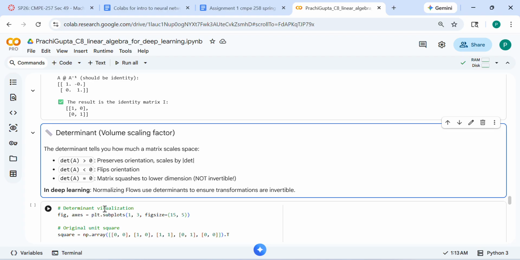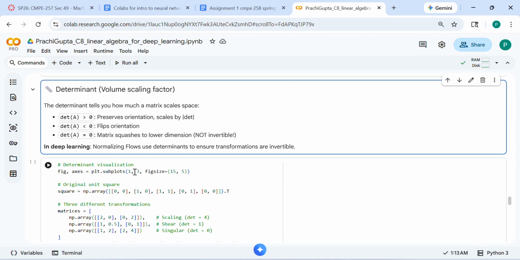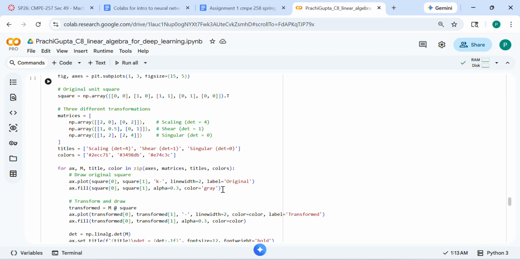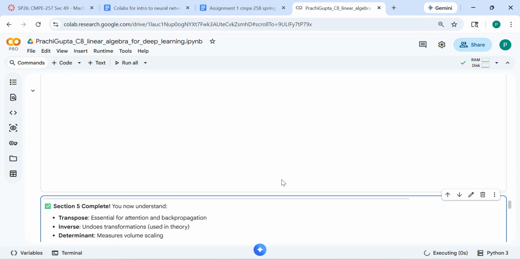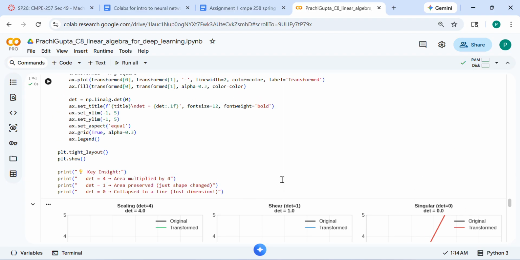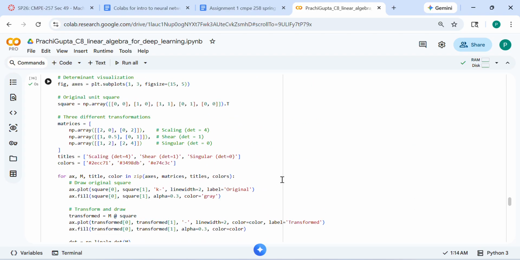If it's 0, the matrix is singular. If the matrix is singular, it has squashed the data into a lower dimension, and the information is lost forever. So these are some basic rules. Now let's try running it.